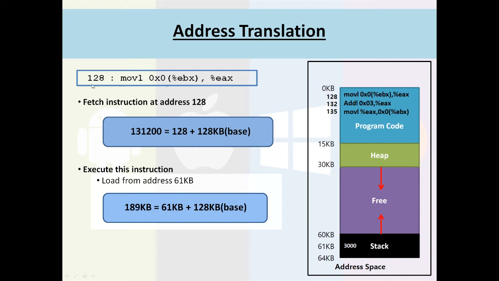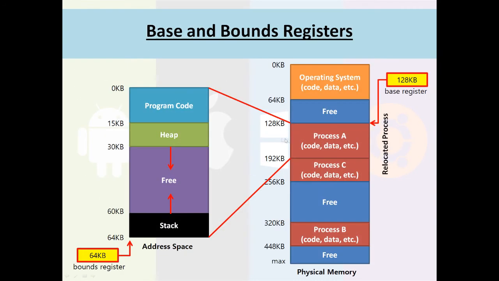In the previous example, I had this instruction. You can see here in the address space it's stored at 128. So the virtual address is 128. Okay, and we need to add the base value, right? If we go back a couple of slides, what was the base? It was 128, right?